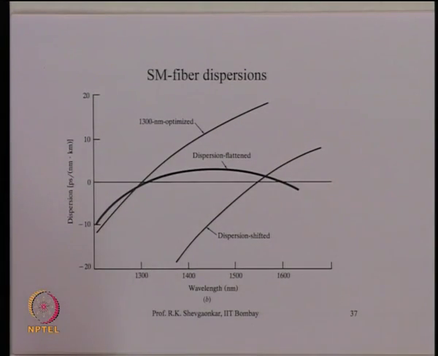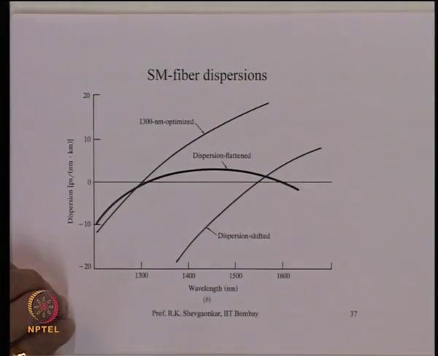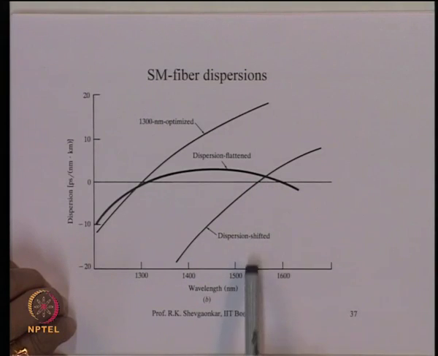But now by changing the refractive index profile of the fiber and size of the fiber, we manipulate the waveguide dispersion such that this curve is shifted like this. So, now the zero dispersion point has been shifted from here to here, which is around 1550 nanometer.